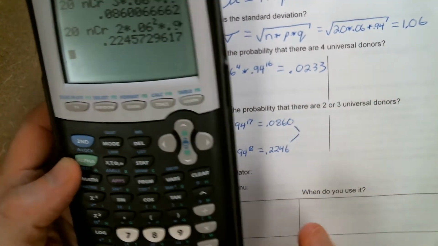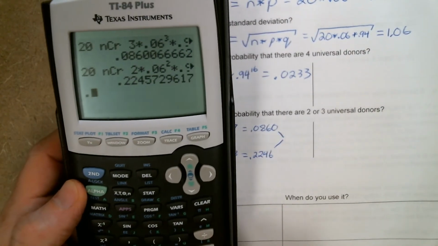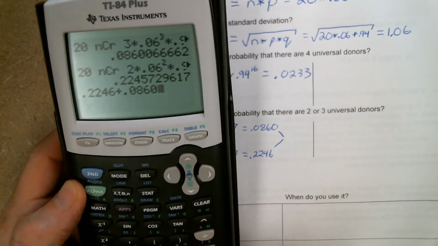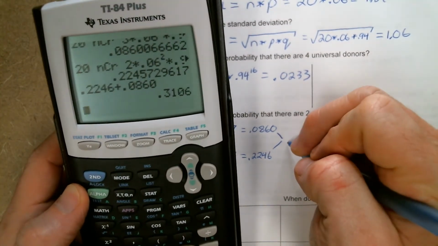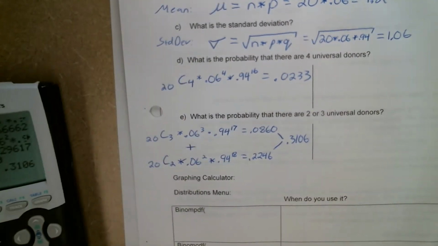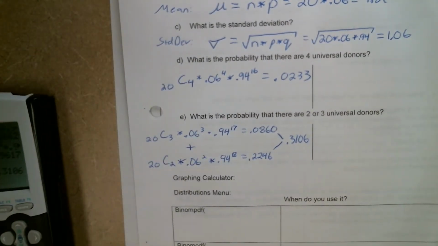So when we combine those, 0.2246 plus 0.0860, we get a combined probability of 0.3106. So that's the formula of what's actually happening.